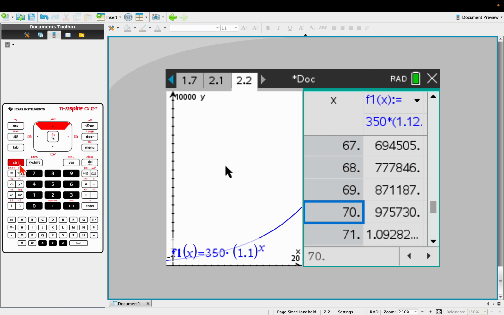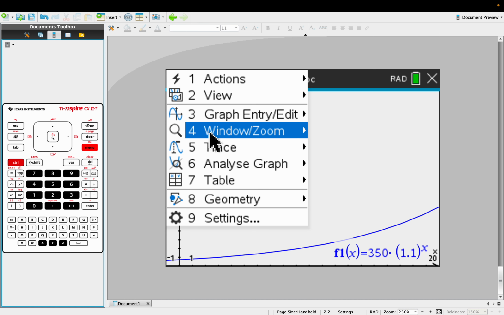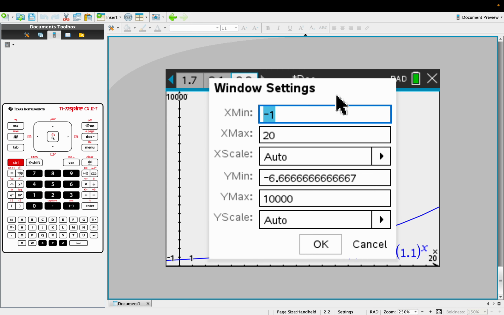What I'll do now is Control T to take off the table. I'm going to change the scale. If you want to change the scale, menu, window zoom, window settings, and you can change the scale manually. So I'm going to go up to 100 years here. And for the y-axis, I'm going to go up to 2 million.